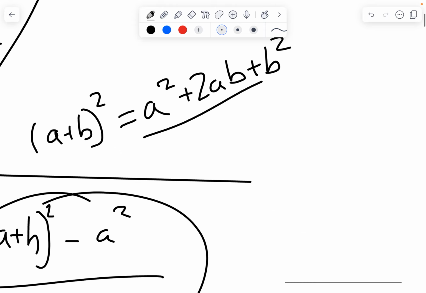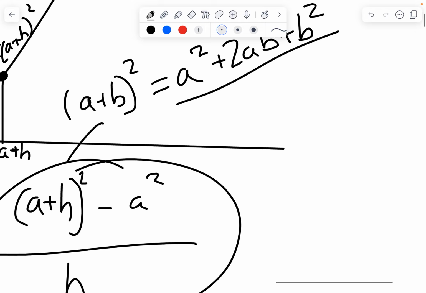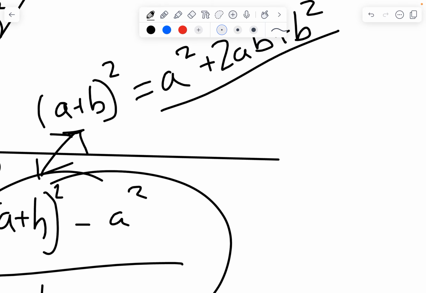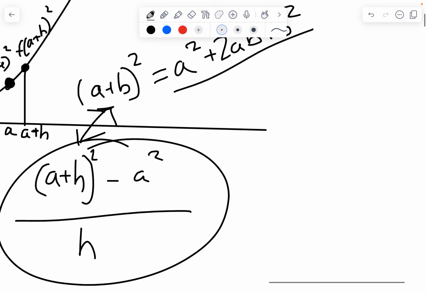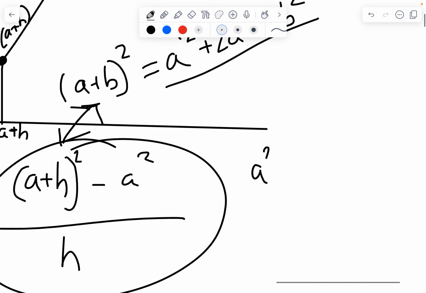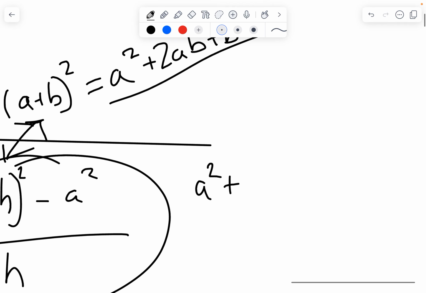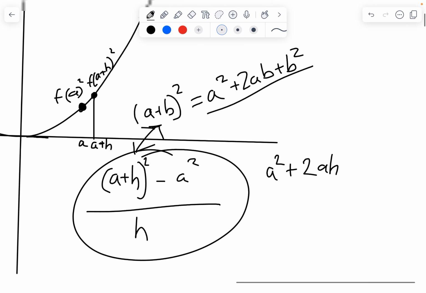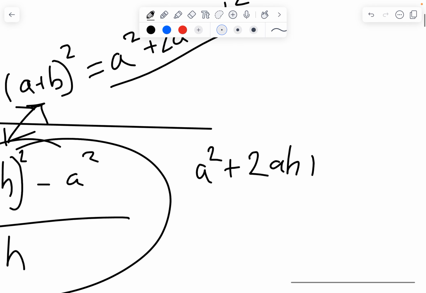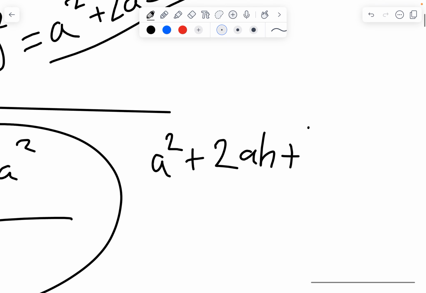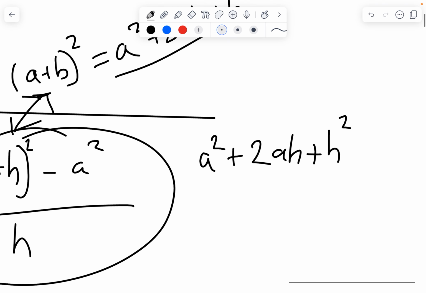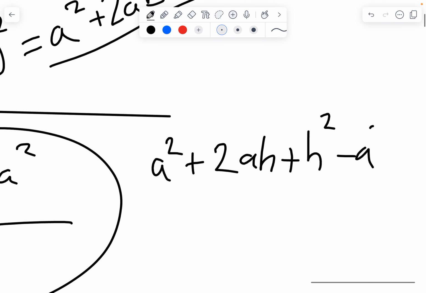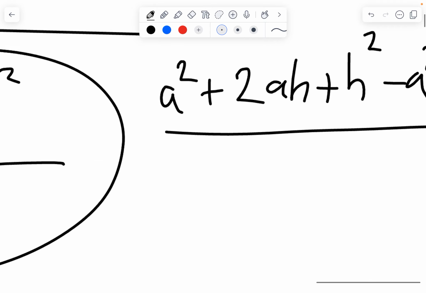So this is just this, right? So what's a squared? Well, a squared, we have a 2, and then a is a, and b is h. Then we have plus b squared. B is h, so h squared. There. Minus a squared, over h.